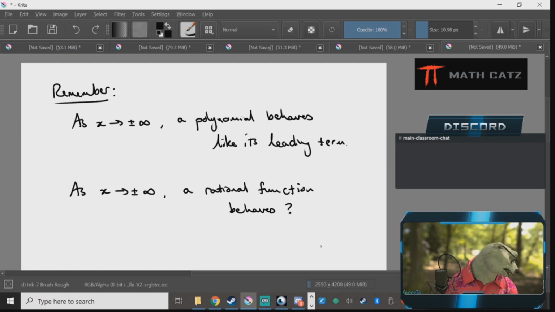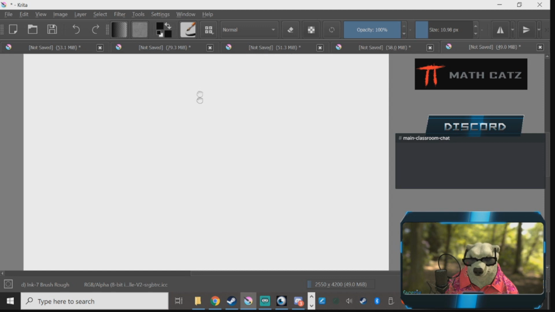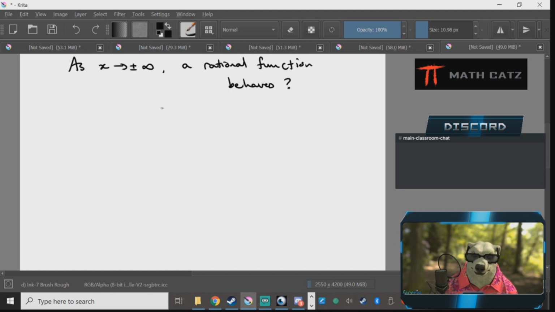Now, it's really all good news, because a rational function is just made up of a couple of polynomials. The news is pretty good because it's polynomial over polynomial.